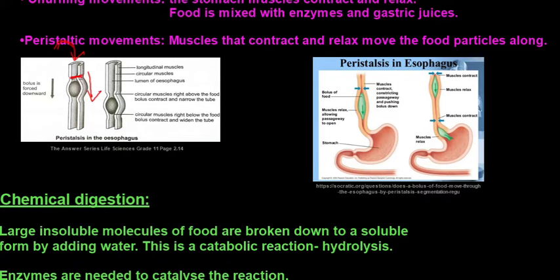And when this constriction happens at the back, the muscles in front of the bolus need to be relaxed in order for the bolus to be able to move down smoothly. This process occurs all the way down the esophagus until the food empties into the stomach.